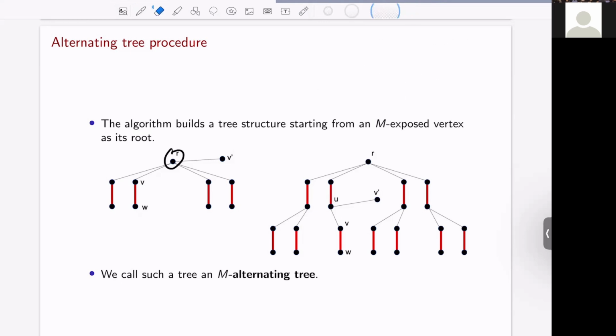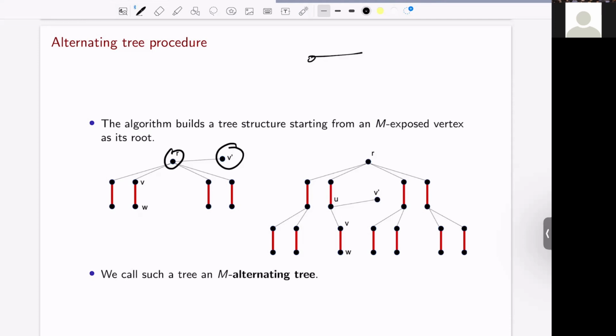But if you have an exposed vertex V prime as a neighbor of the exposed vertex R, then it means that you get an augmenting path. It's a trivial augmenting path. There was a question about how the edge doesn't look like it has an alternating structure because there's no matching edge. But that's the trivial alternating path without a matching edge.